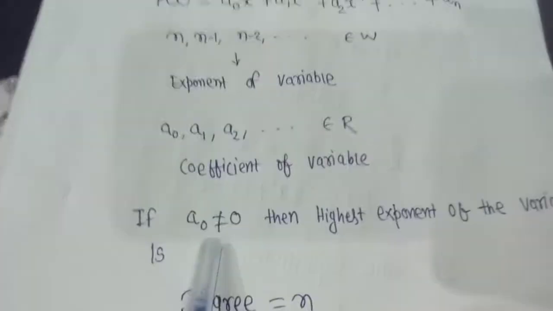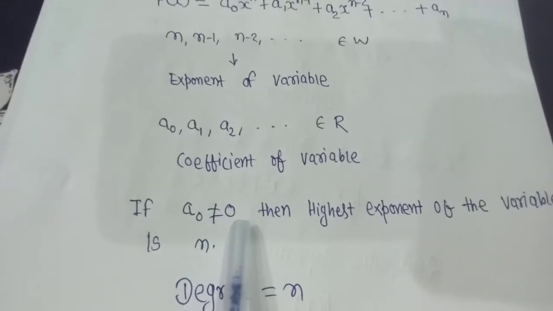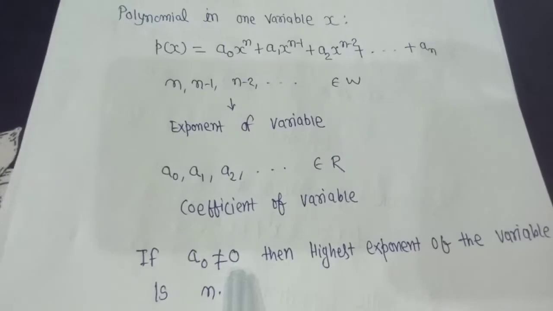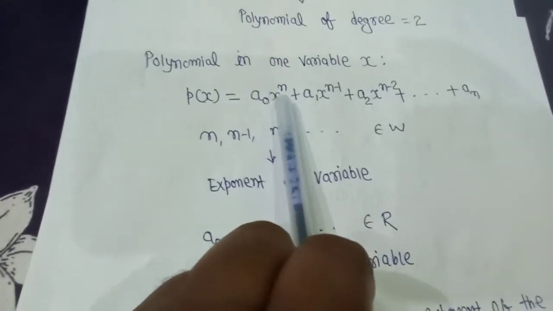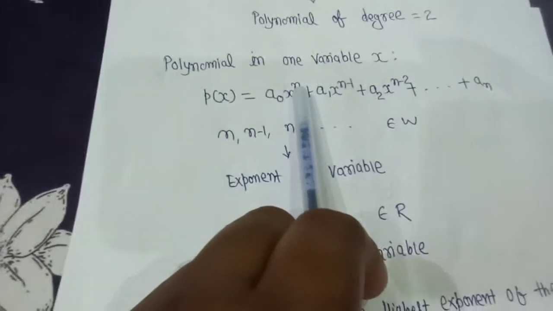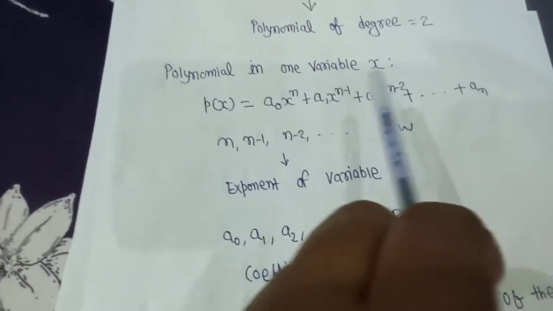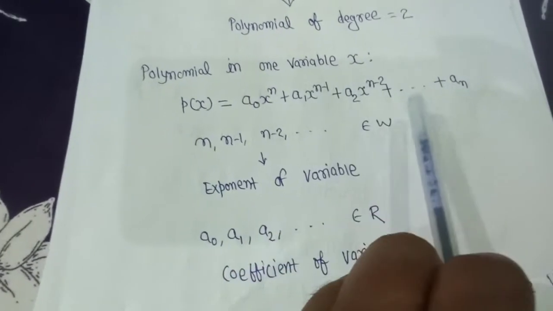So if a0 is non-zero, which means a0 is not equal to 0, then the highest exponent of this polynomial will be n, because you can see that the exponent is getting reduced by 1.